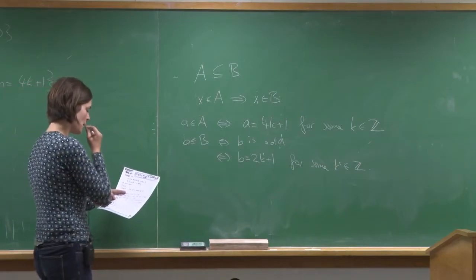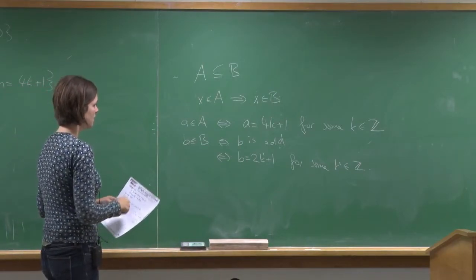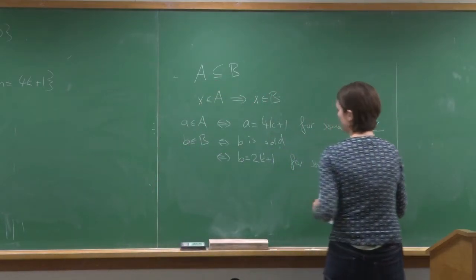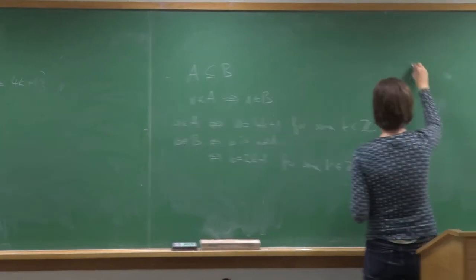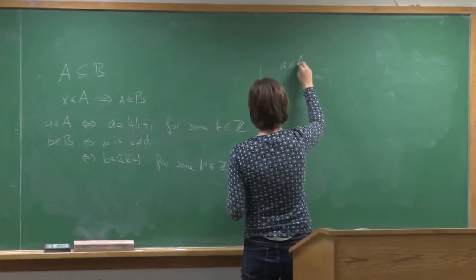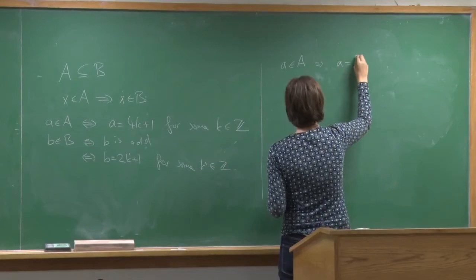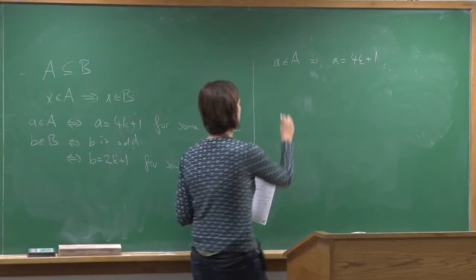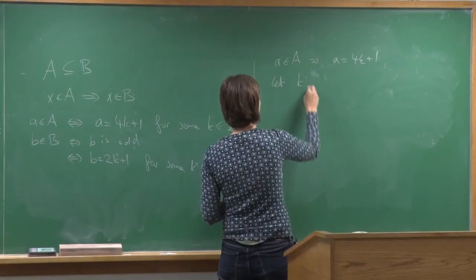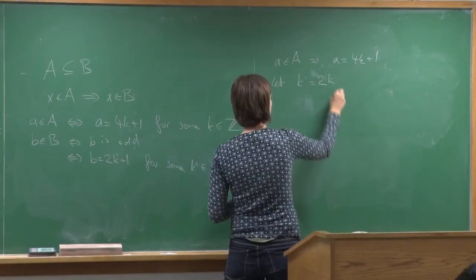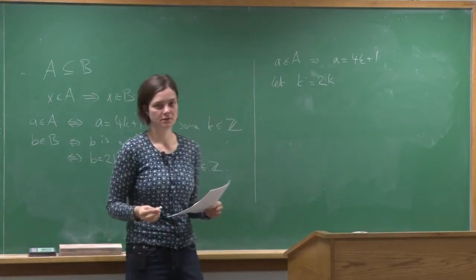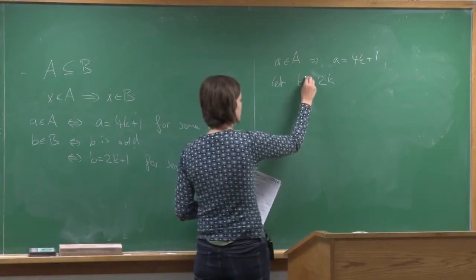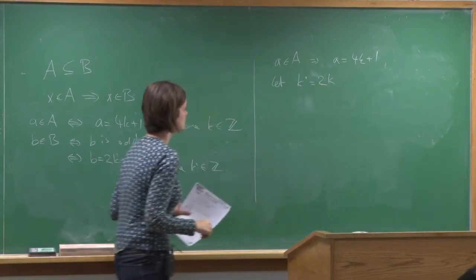Right, so now if we have some a in A, then we can just say let my k prime be 2 times k. Right? I'm allowed to do that because, I mean, if k is an integer, then 2 times k is also an integer.